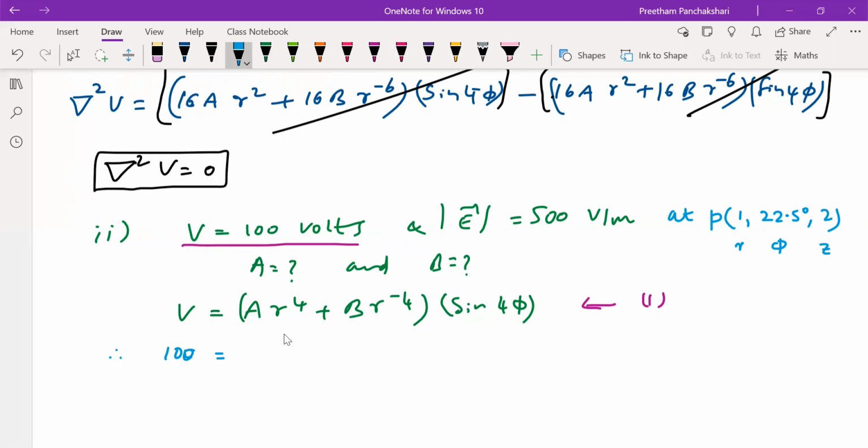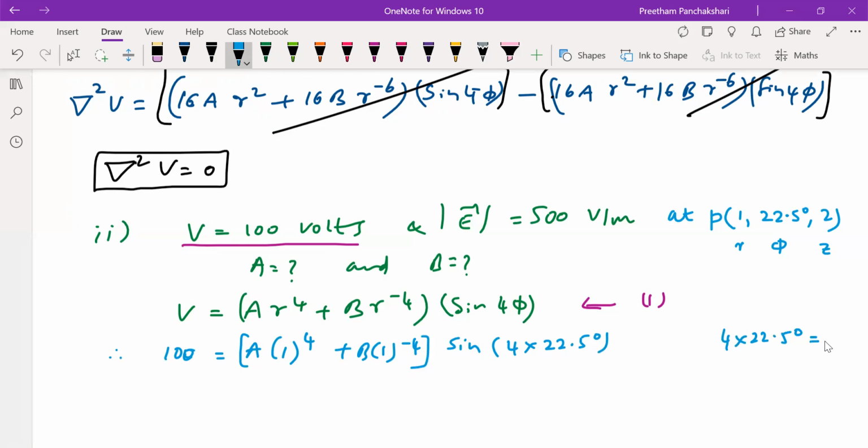That is, A, R value in the problem point is 1, R is here also 1, into sine of 4 phi. 4 into 22.5 degree is equal to 90 degree.